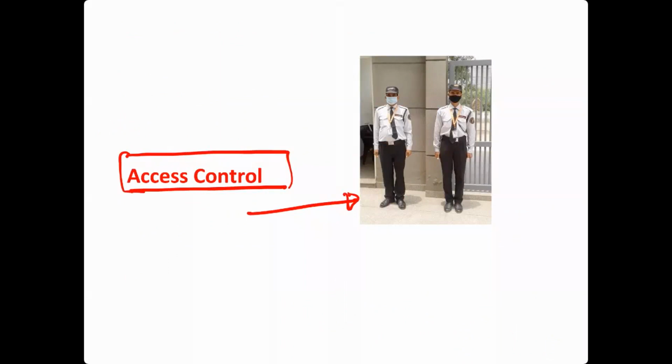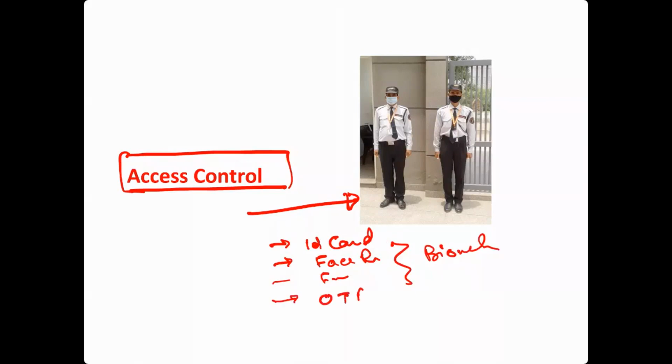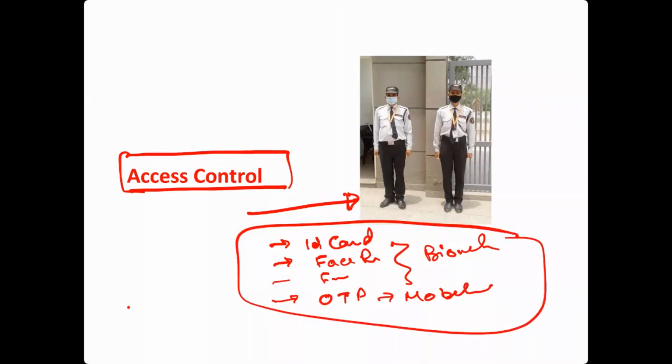Identity could be your ID card, or your fingerprint or face recognition, which is called biometrics, or it could be an OTP on your mobile phone, anything. Okay, now if you are able to prove your identity, you are allowed to get into the office, right?